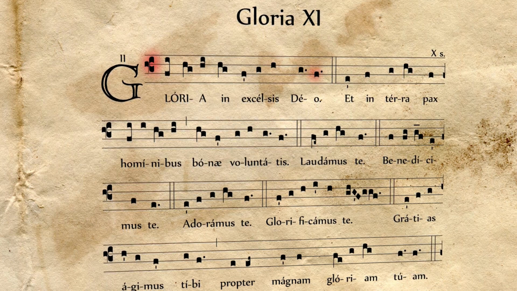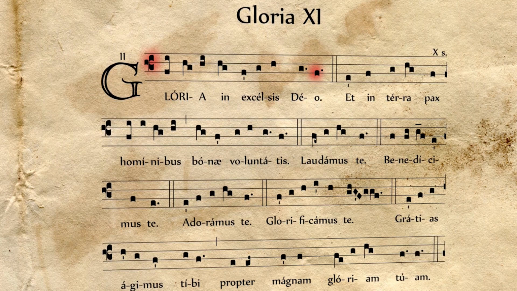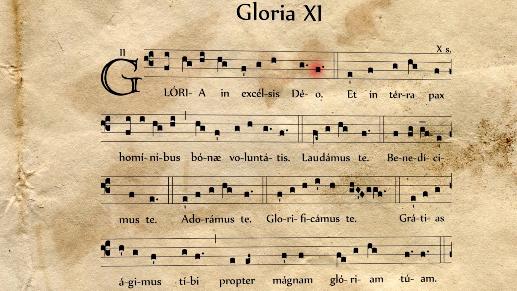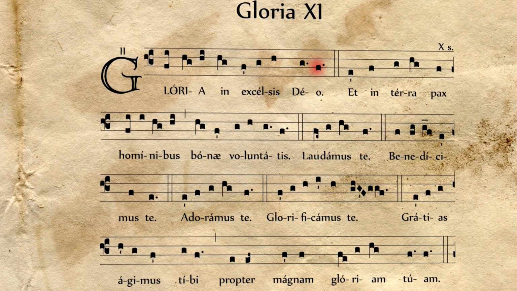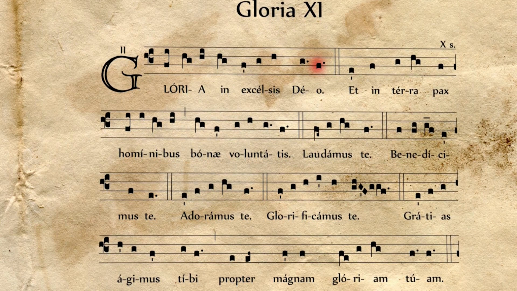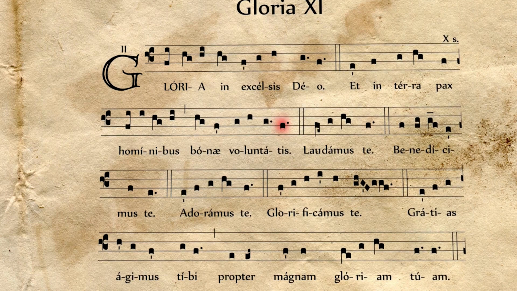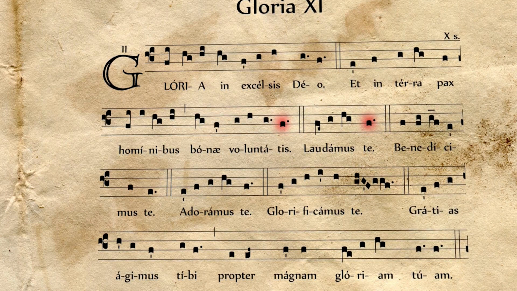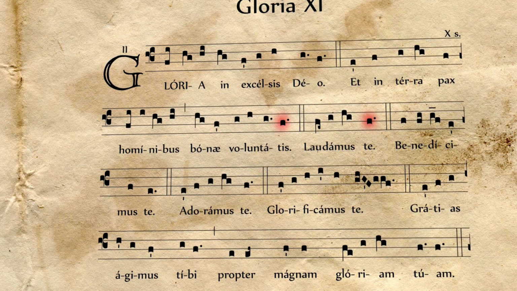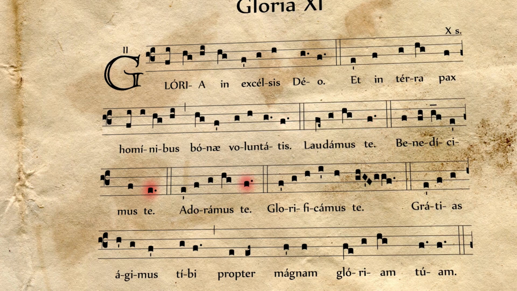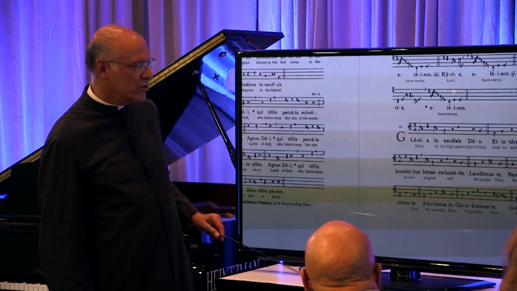So if this is F, this is D, and it comes to conclusion on Re, on the note D, exactly where it should. And the next phrase, after the double bar, which is a full stop, is again D. And here we have Do. That's an unusual one, but it comes back here to D. This is more typical of a second mode chant.